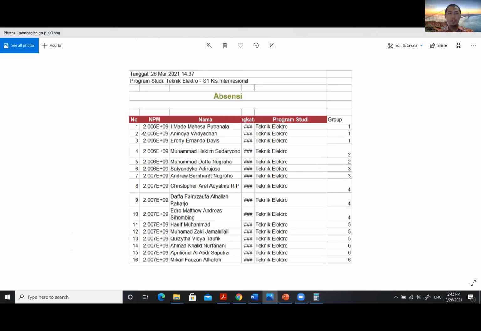You can see here attendance numbers 1 to 3 become one group, 4 and 5 the second group, and so on. Some of you have 3 members, some of you have only 2 members. I cannot divide into the same number because the total is not so perfect.